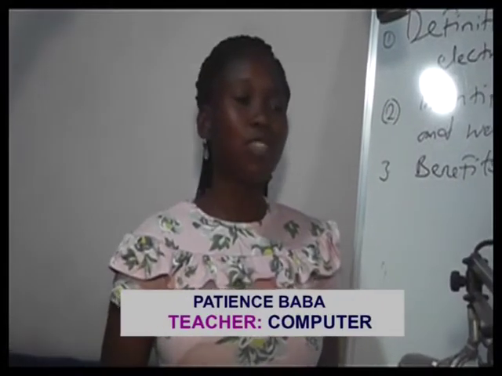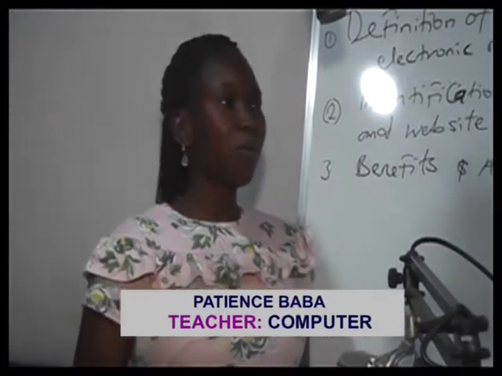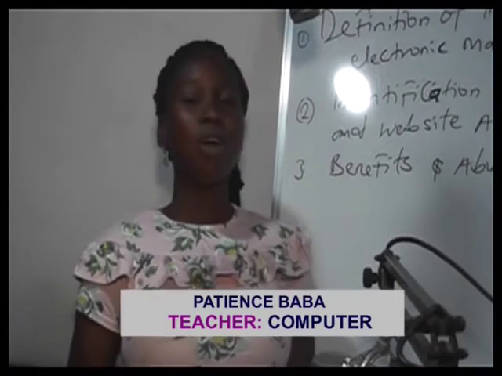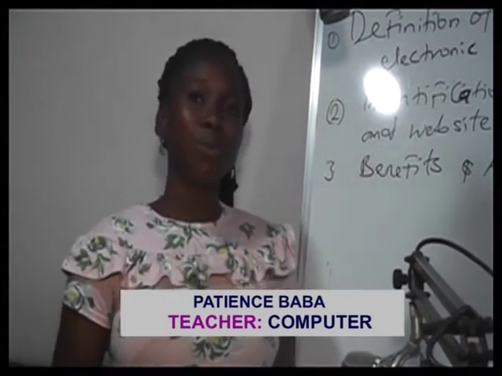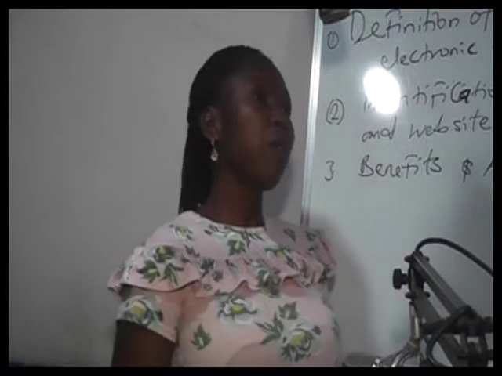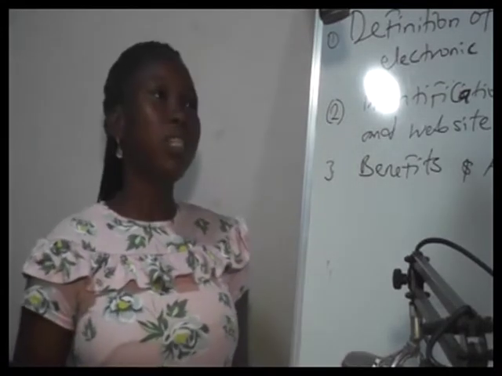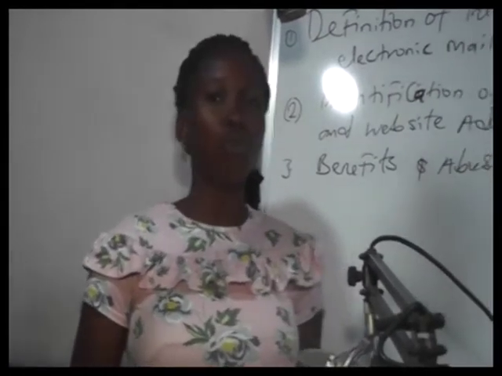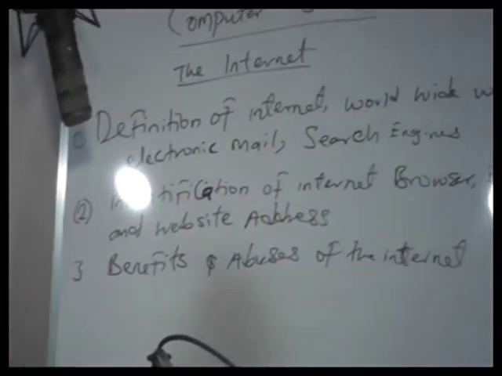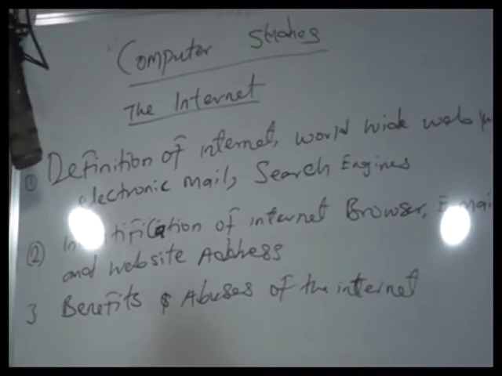Welcome to another edition of Computer Studies, which is the second phase of learning through radios. Today we're going to be taking a topic, the internet, which is majorly for JSS2 students, with the following objectives. 1.